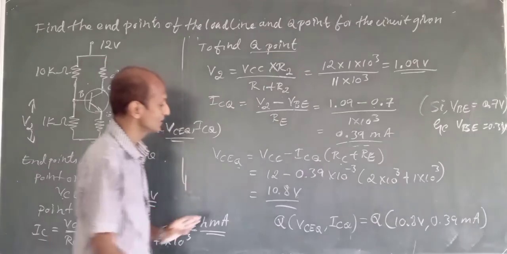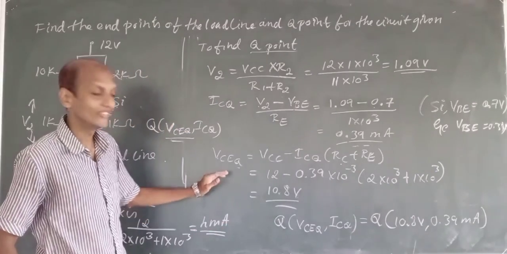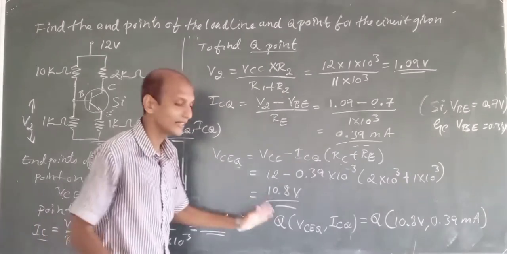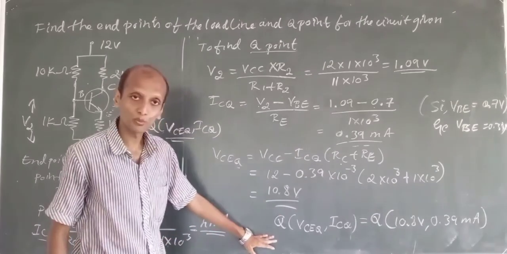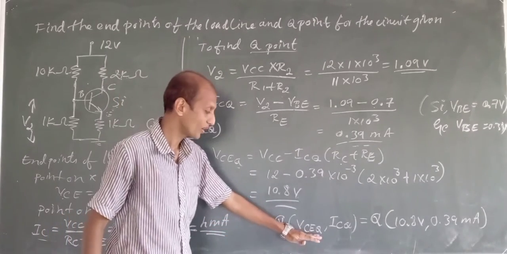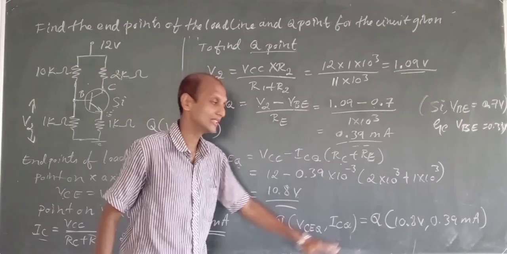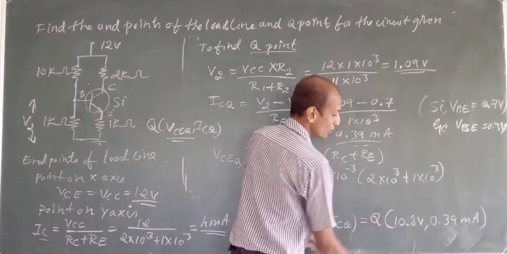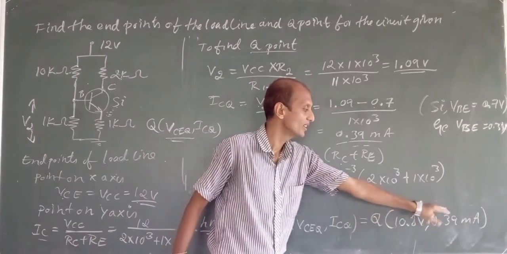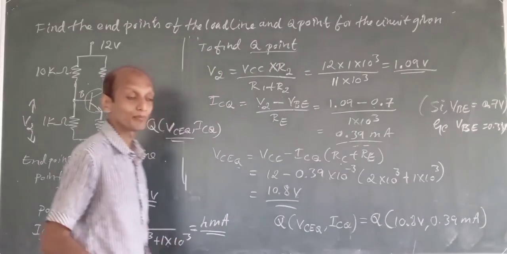So this is how I define VCEQ, and finally I can define the Q point using the values of VCEQ and ICQ as Q equal to 10.8 volts, 0.39 milliamperes.